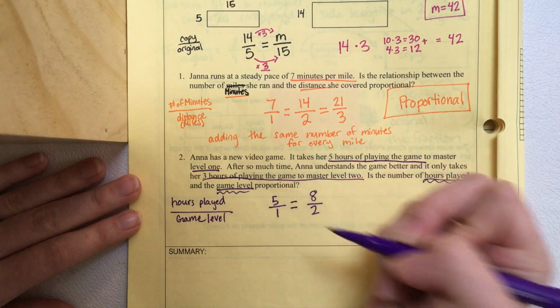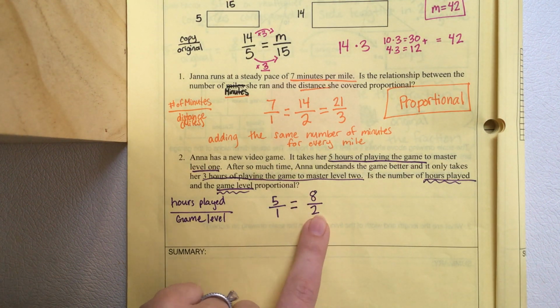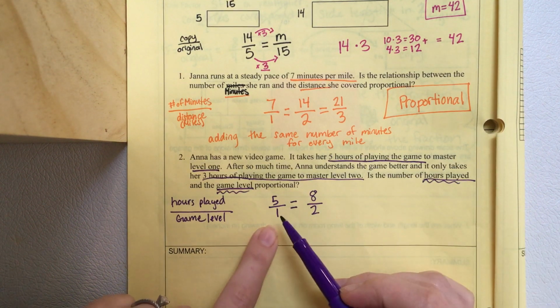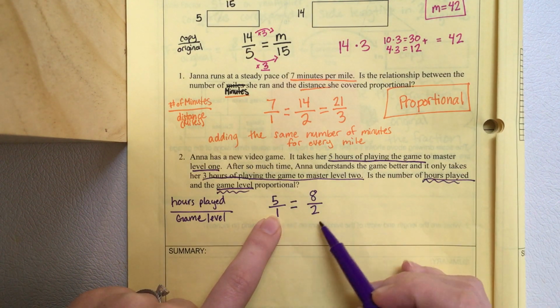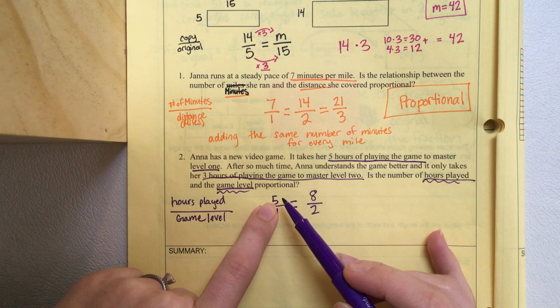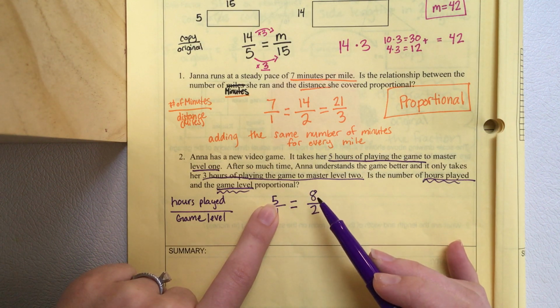Are these equivalent? Does 5 over 1 equal 8 over 2? Couple of ways that we can do that. We can look at what we multiply by. So to go from 1 to 2, we're multiplying by 2. That means on top we should be multiplying by the same thing. 5 times 2 does not equal 8.